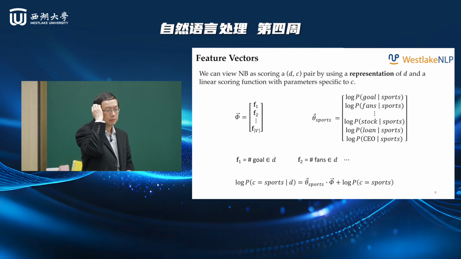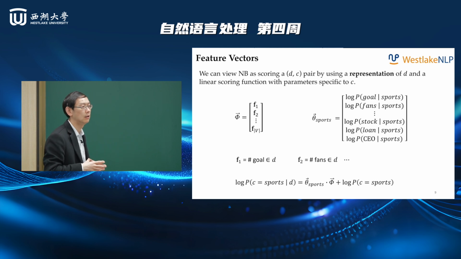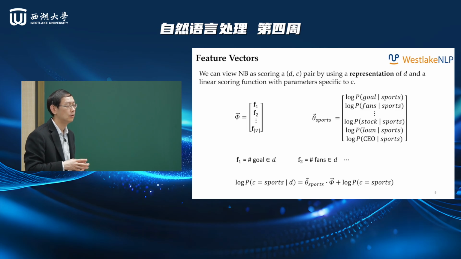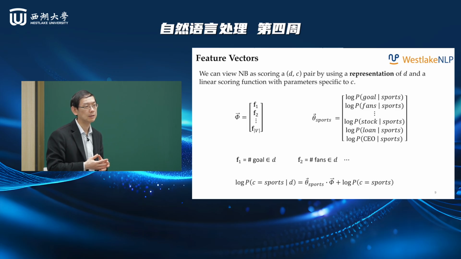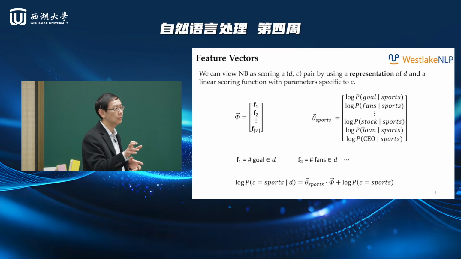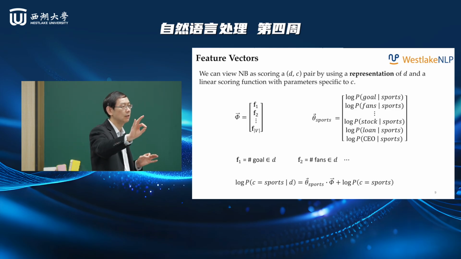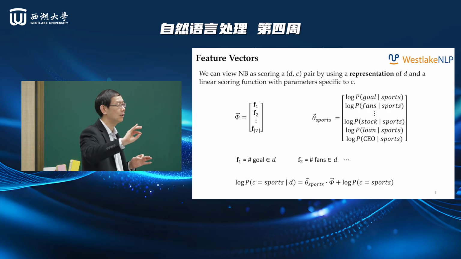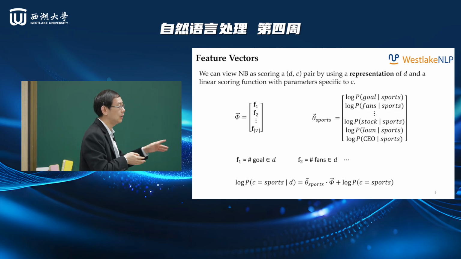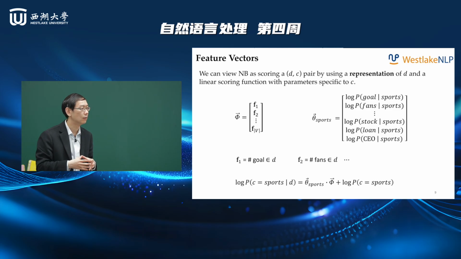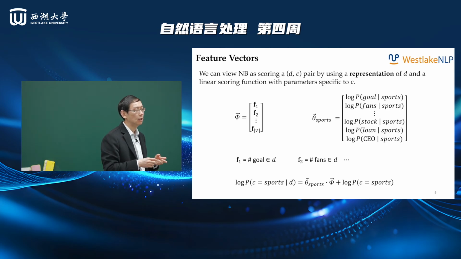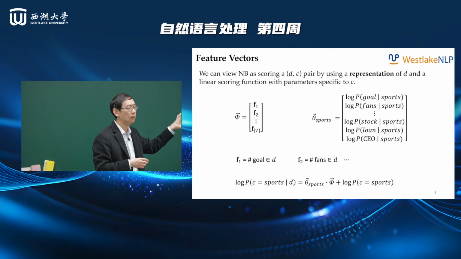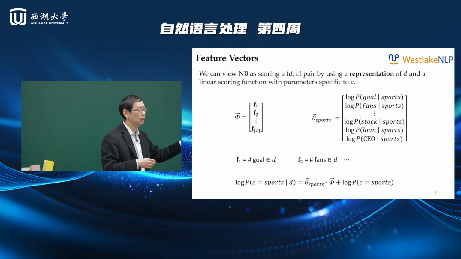So let's look at the representation of the document. It's a vector in a high dimensional space. If you have a lot of CEOs, it will reside on the CEO coordinate, the coordinate that corresponds to the word CEO. If you have a lot of fans existing in the document, then the document will reside in an area where the fans coordinate is high.